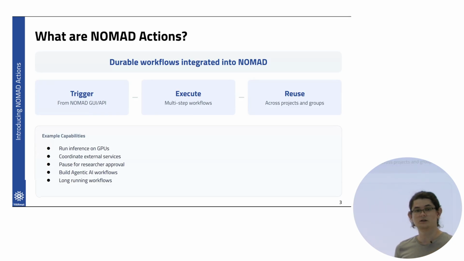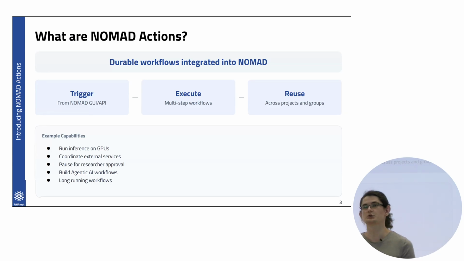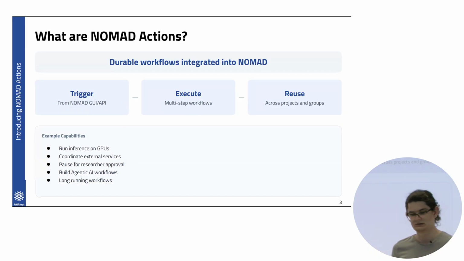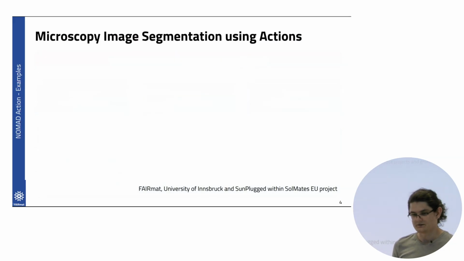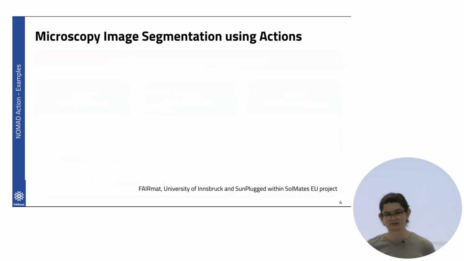Also, the use of additional hardware such as GPUs, or any kind of researcher-in-the-loop situation where first some part of the analysis is done, then the researcher needs to approve, disapprove, provide additional information, and then the analysis is finalized.